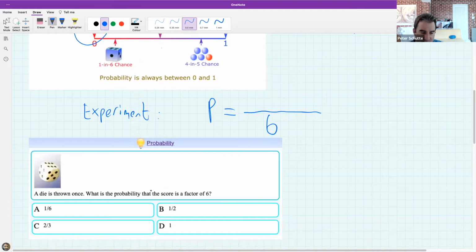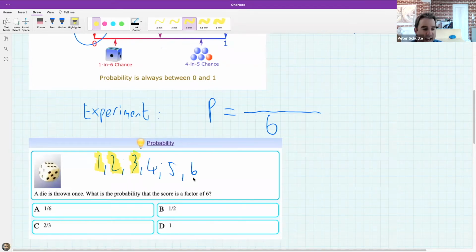And the favorable outcome would be when the score is a factor of 6. Now, how many of those 6 items are going to be a factor of 6? Well, 1 is a factor of 6. 2 is a factor of 6. 3 is a factor of 6.